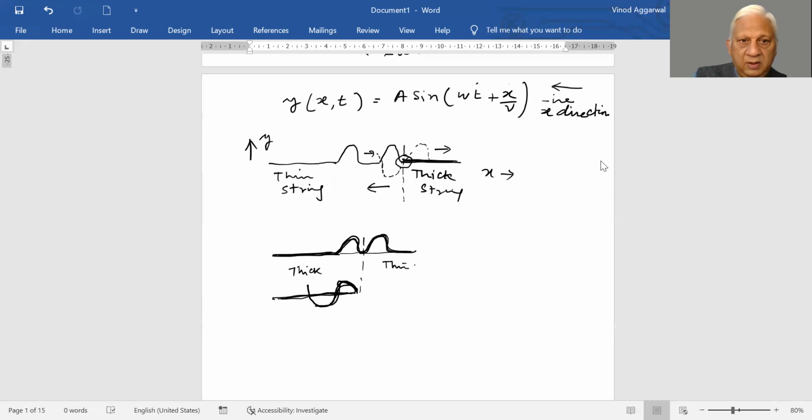It means when the wave travels from thick to thin, neither in the transmitted portion nor in the reflected portion does the wave change its shape. The shape of the wave remains the same.